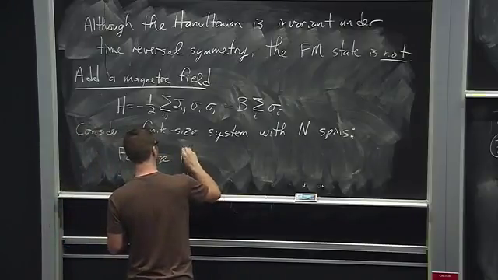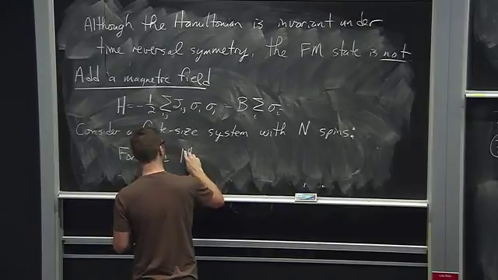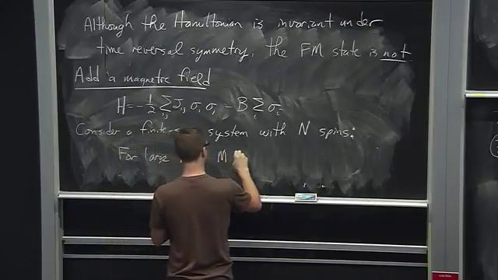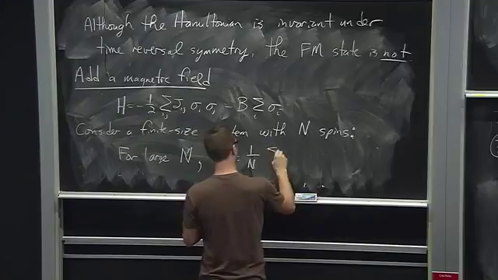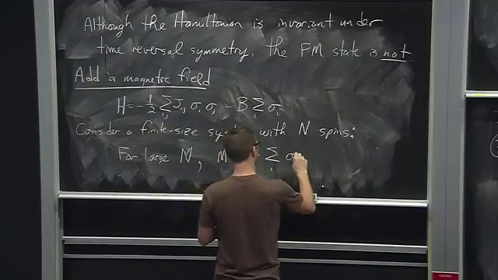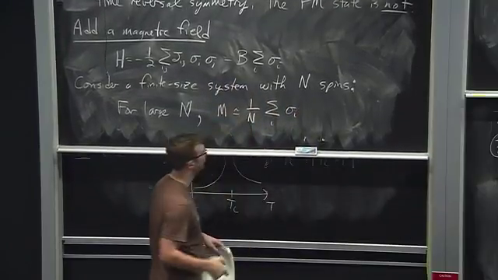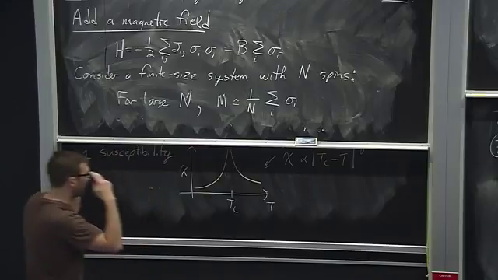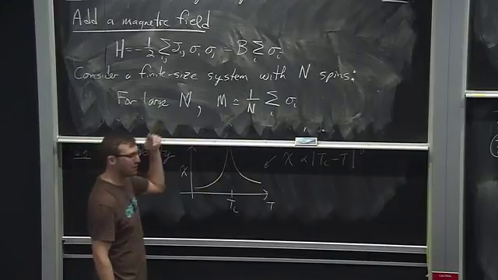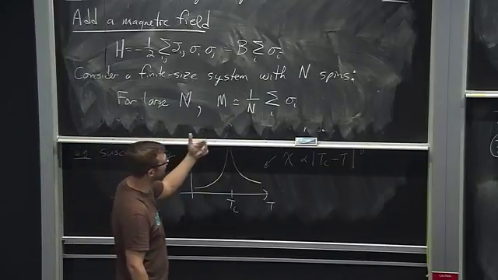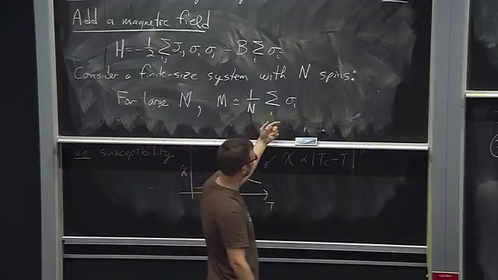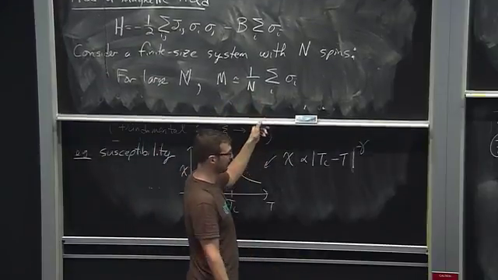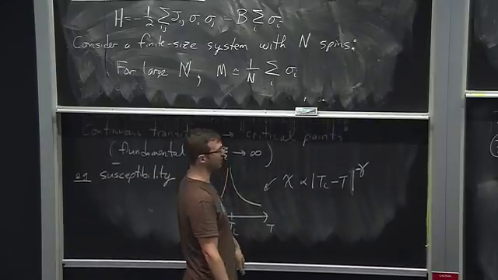for large N, it makes sense that the magnetization, an approximation to the magnetization in the thermodynamic limit, is just, if you will, the average value of all the spins, right? It's basically the finite size definition of magnetization.